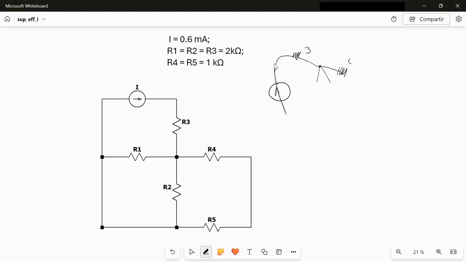We have R4, we have R2, and we have R1. Then R2 and R1 combine back. After R4 we have R5, which then joins the two other branches and comes back to the current source here.